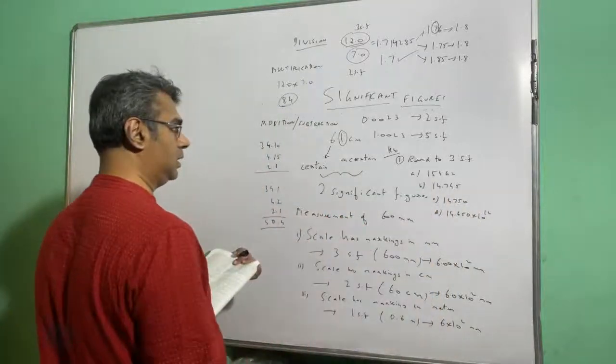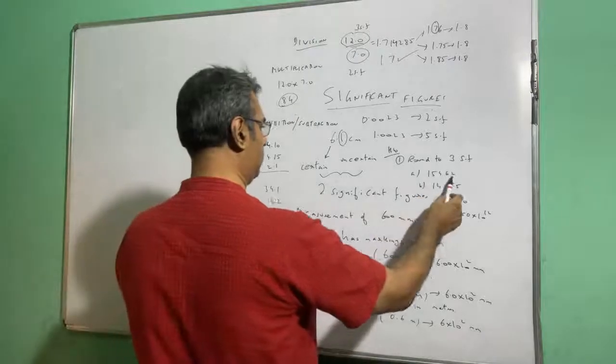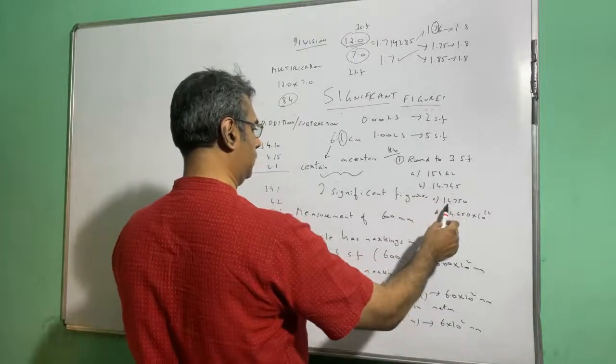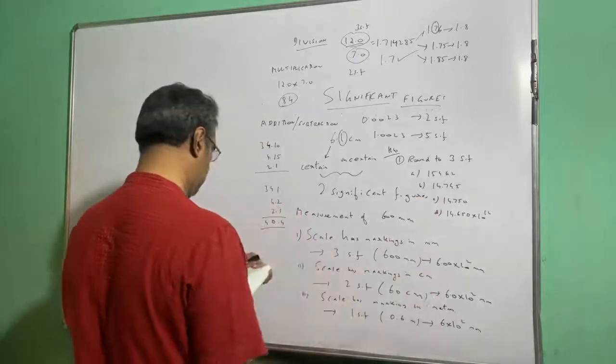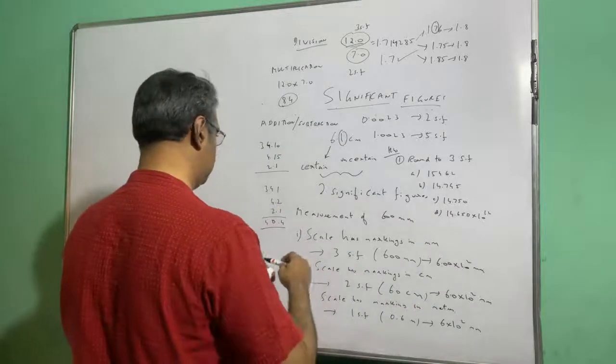Round to 3 significant figures: 15462, 14.745, 14.750, 14.650 into 10 to the power 12.